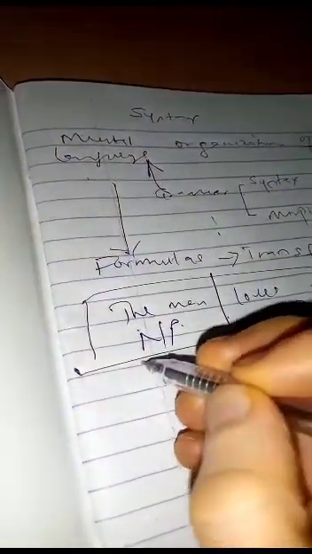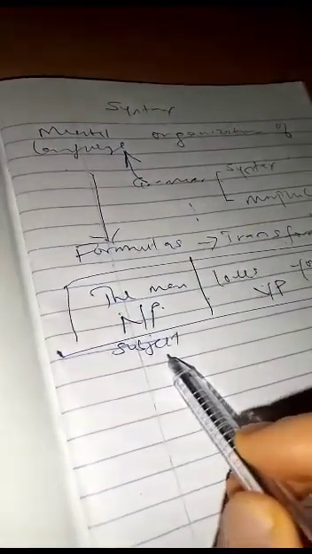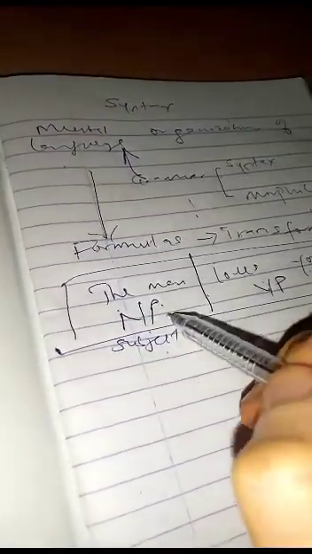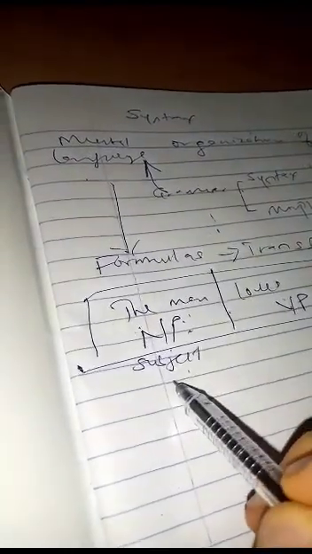An NP houses the subject, which traditionally is called subject, but the NP is what it's called by transformational grammarians. So the man is the subject, or what the whole sentence is talking about.